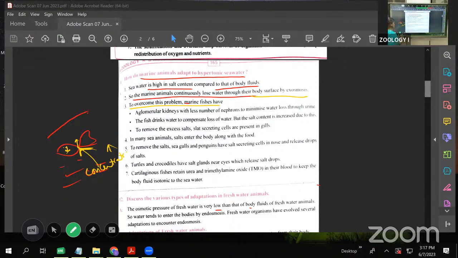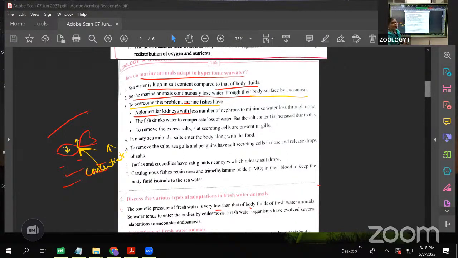What adaptations? They have aglomerular kidneys. Because they are losing water, the adaptation they take is aglomerular kidneys.